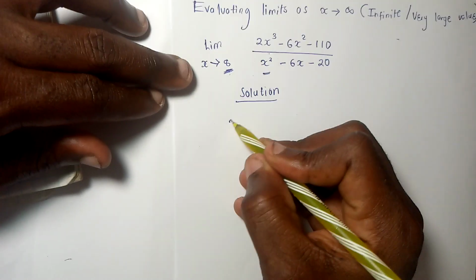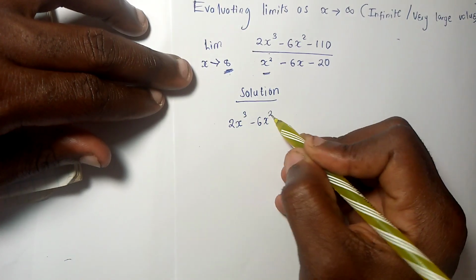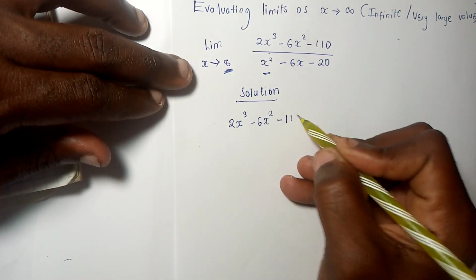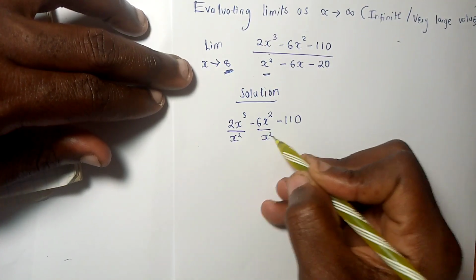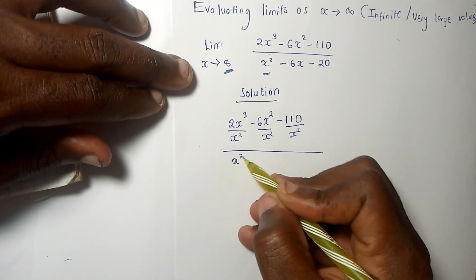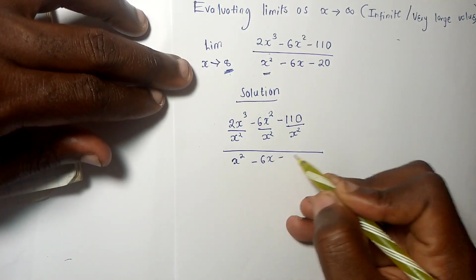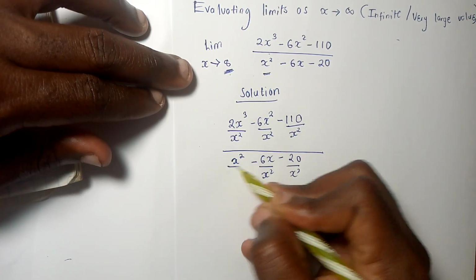So we write 2x cubed minus 6x squared minus 110, all divided by x squared, over x squared minus 6x minus 20, all over x squared.